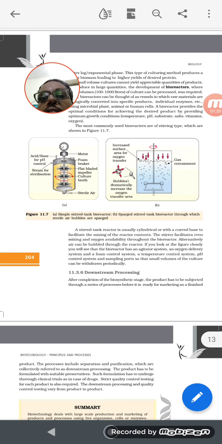Different bioreactors have different structures according to the product. Some bioreactors need more air, so they will use a sparged stirred tank. Some don't need much, so they use a simple stirred tank. And some want to produce gas when the reaction takes place by these bacteria.